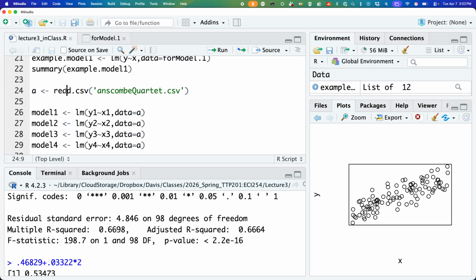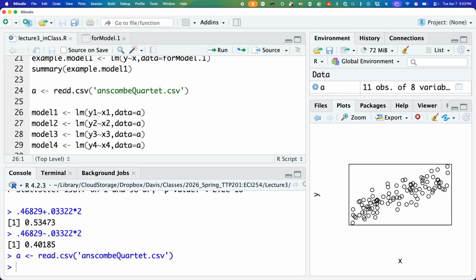Is it ANOVA? No, it's not ANOVA. This is an artificial data set used for illustrative purposes. There are 4 sets of data in the Anscombe quartet, hence the quartet name.